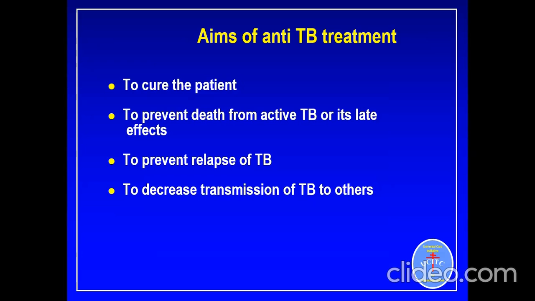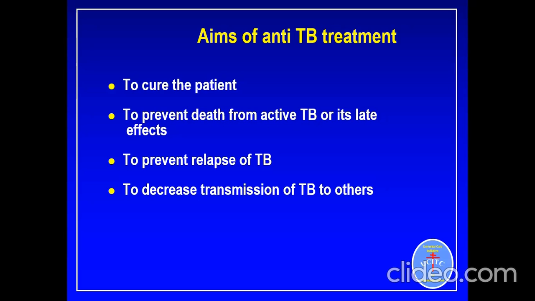It will prevent deaths, because the later you start, there is extensive lesion and patients may get cured of tuberculosis, but its late effects like post-TB sequelae, COPDs, and other conditions which can develop with it can cause mortality. So we have to prevent that.